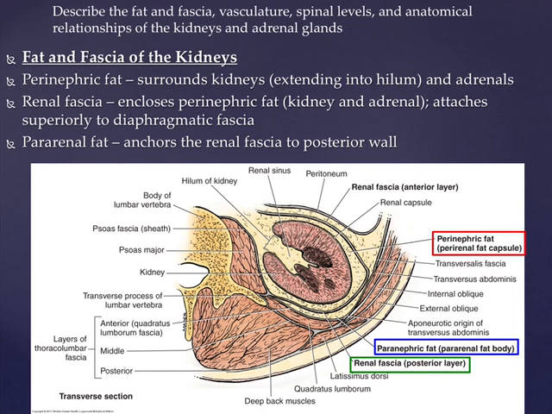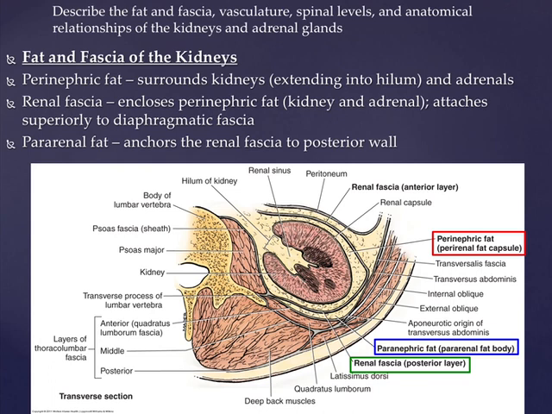Alright, it's important to know a little bit about the fat and fascia layers of the kidneys because it does have some clinical implications, particularly related to infections. So the first layer that's immediately surrounding the kidney is known as the perinephric fat. Then, immediately surrounding the perinephric fat is a thin layer of connective tissue called the renal fascia, and so it encloses the perinephric fat.